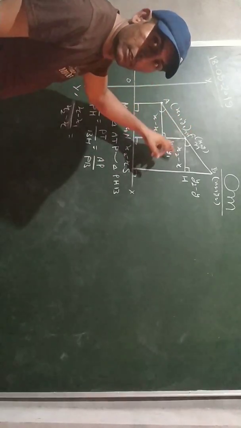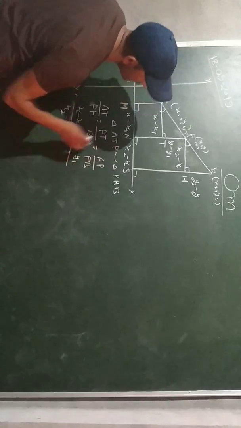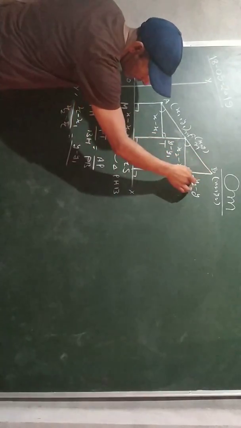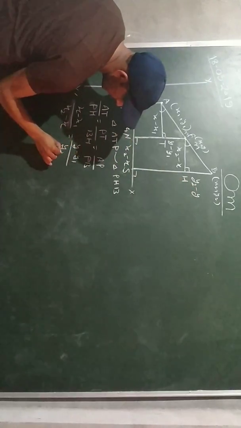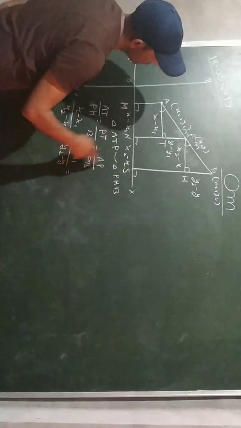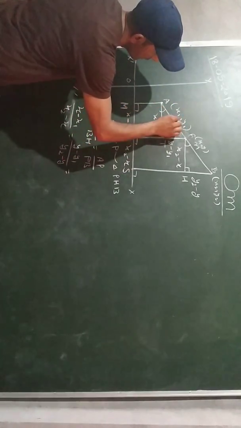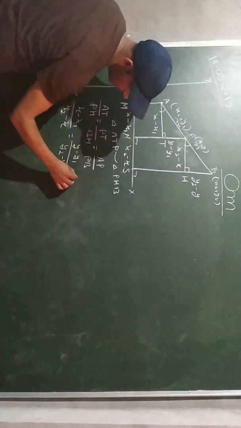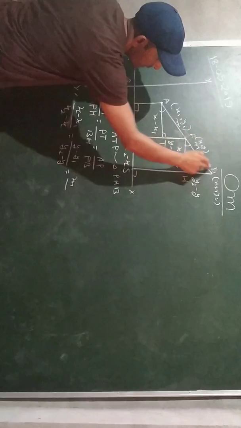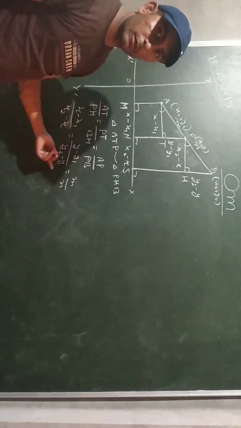PT is y minus y1, and BH is y2 minus y. This is equal to AP upon PB. What is AP? AP is m. And what is PB? PB is n. These three terms are equal.